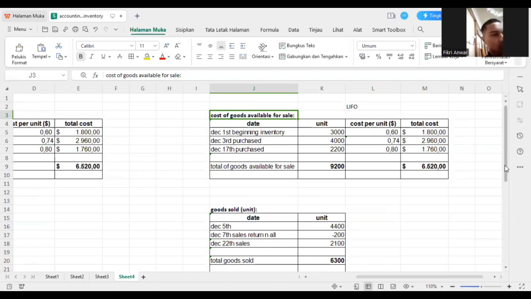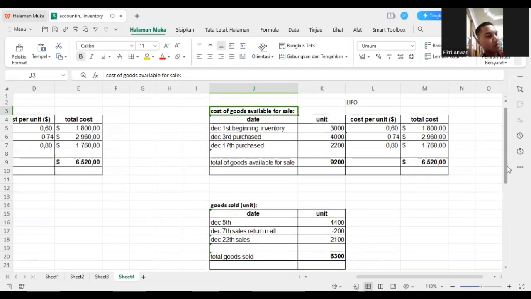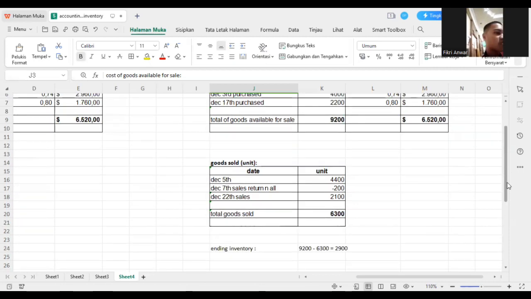And the 17th of December purchase, we have 2,200 units, and for the cost per unit, we have $80. 80 times 2,200, we have 1,760. And the total of goods available for sale, we have 9,200 units and $6,520.